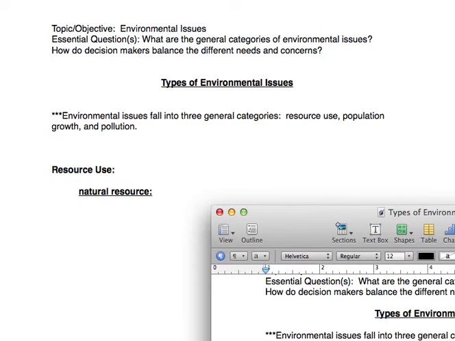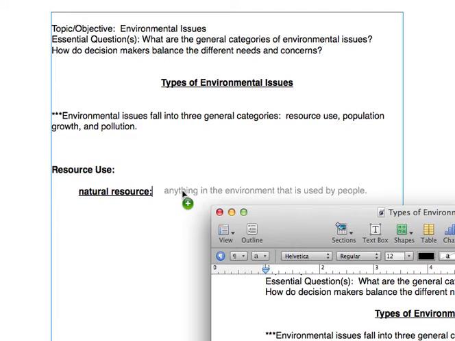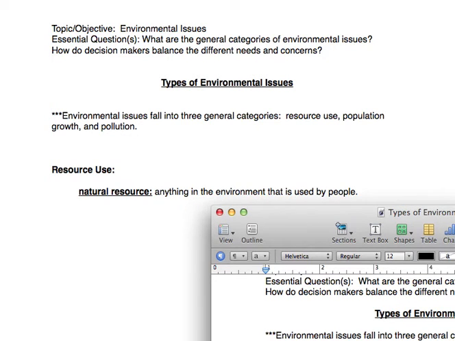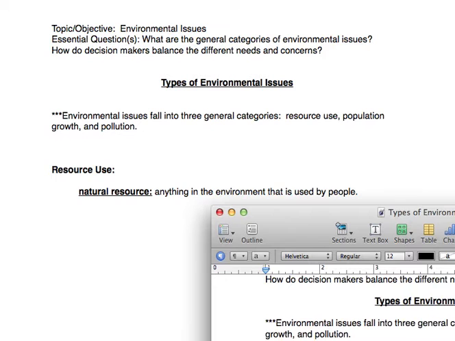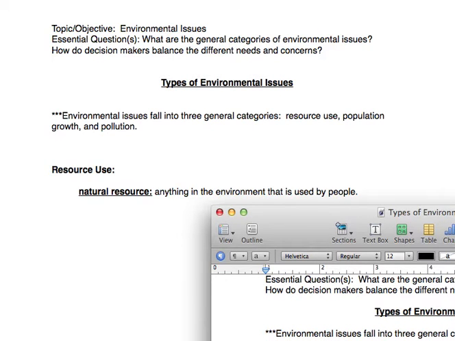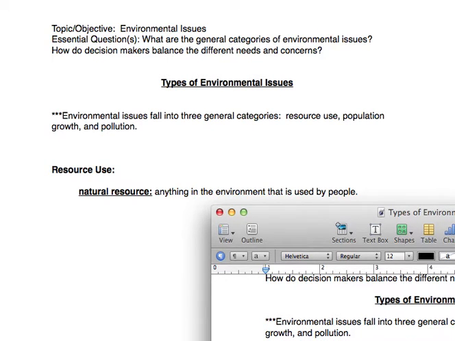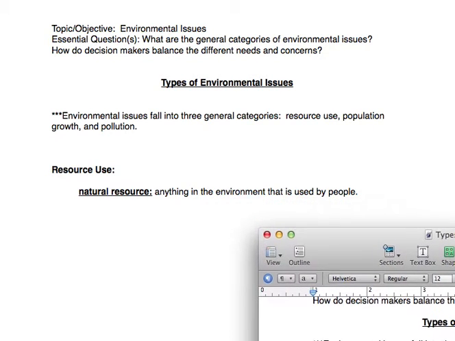A natural resource is anything in the environment that occurs naturally that can be used by people. If you think about the things around you that you might use, air, water, wood, oil, wind energy, coal, iron, those are all resources that occur naturally that people use.